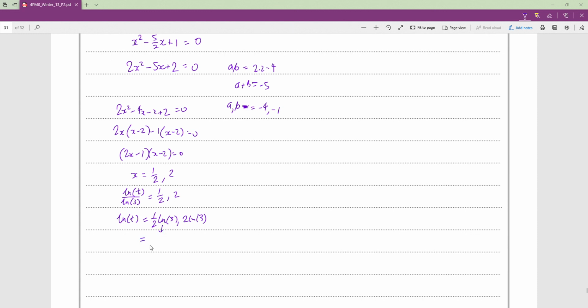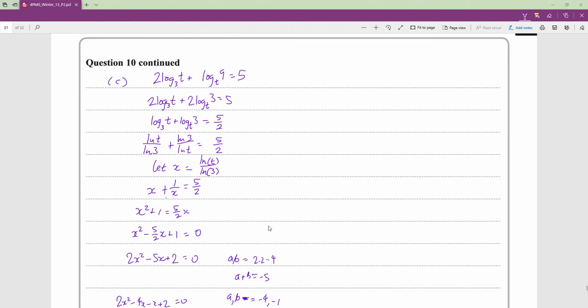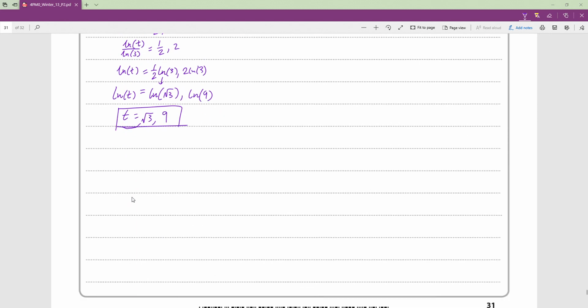We can change this into ln root 3 and ln 9, since 9 is 3 squared, and root 3 is 3 to the power of 1/2. So ln t is equal to those, and we raise everything to be a power of e, and we get t is root 3 or 9. Excellent stuff. And that would be how you solve question C.